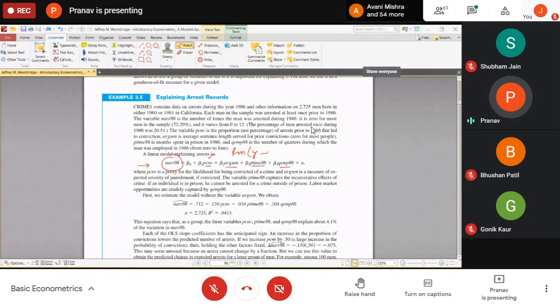When you do not have an intercept term, then we have to write that specifically. So y here will be this variable NARR86, that is, the number of times arrested, PCNV plus average sentence plus present time plus Q employment. This simple function will give me the entire regression estimates. That's what our main aim would be.